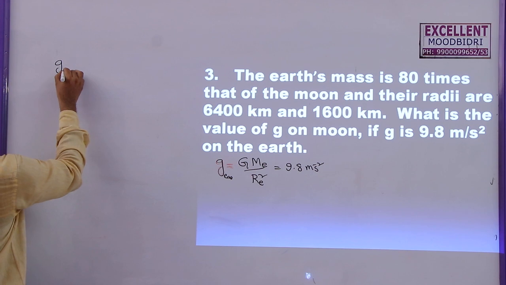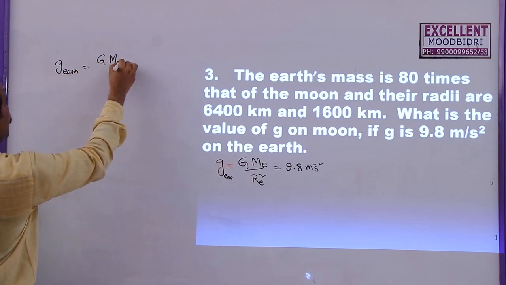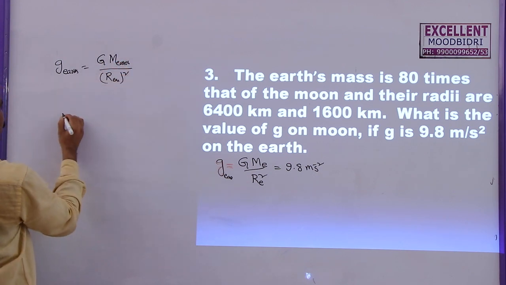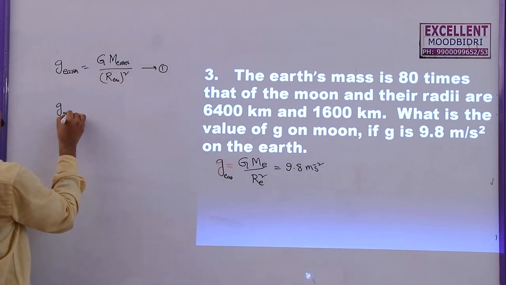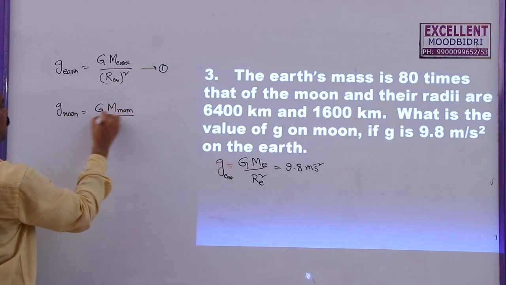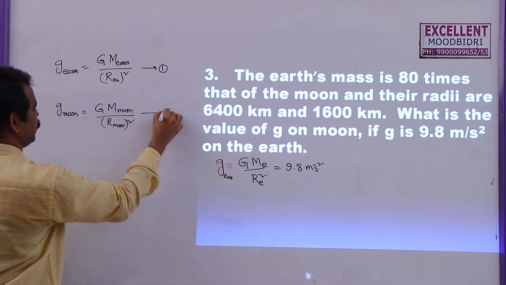So small g on the surface of earth is given by capital G mass of earth by radius of earth whole square. So this is equation 1. Small g on the moon is given by capital G mass of moon by radius of moon whole square. This is equation 2.